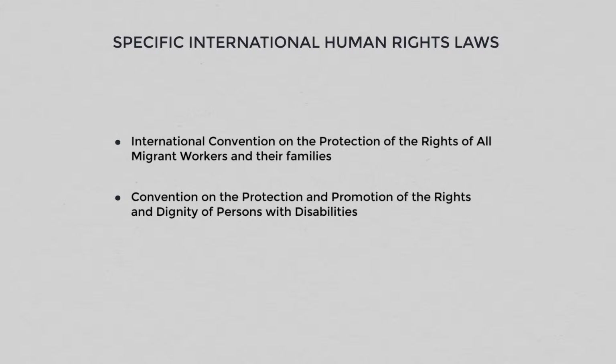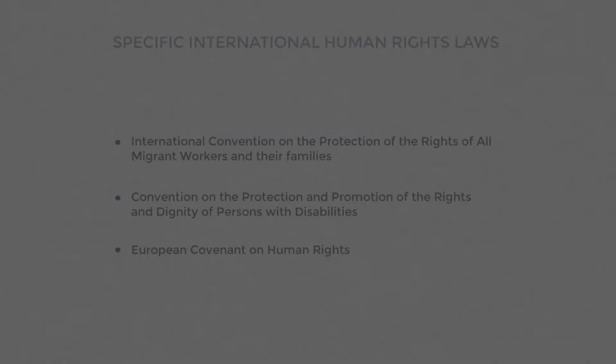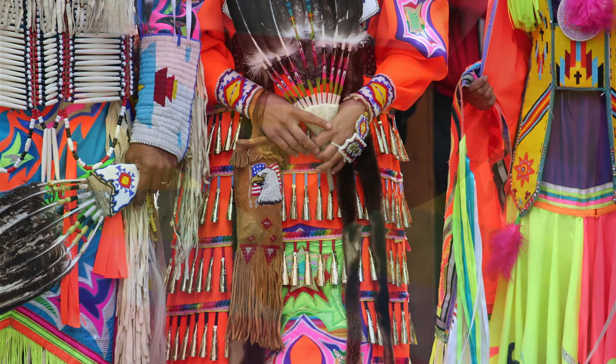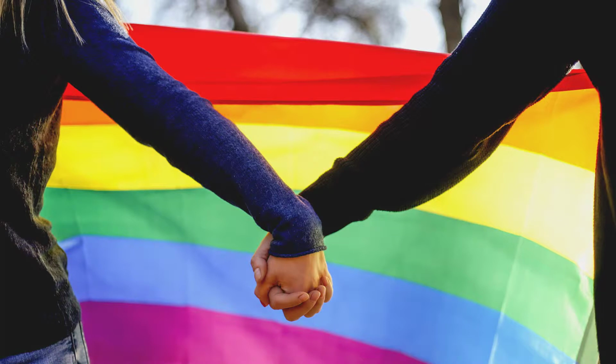Similar minority rights provisions can also be found in regional human rights documents such as the European Covenant on Human Rights and the constitutional bills of rights of many countries. For the purposes of this class, however, our focus will be on the rights of indigenous people and LGBTQ persons as examples of minority rights struggles and protection.